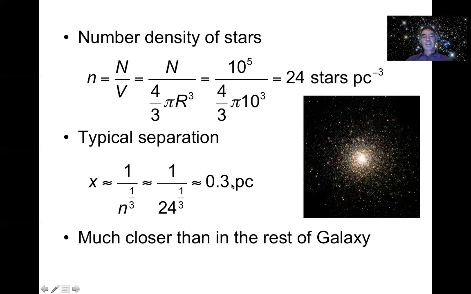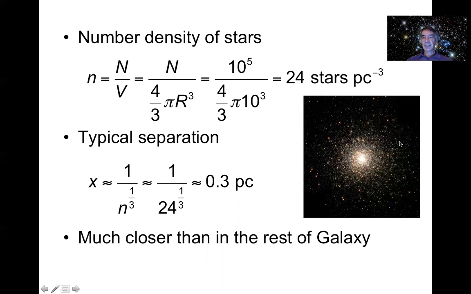Recall that, for us here on the Earth, our nearest star, Alpha Centauri, is about 1.3 parsecs away. So you can see that the stars are already 3 or 4 times closer together than they typically are where we live in our part of the galaxy.